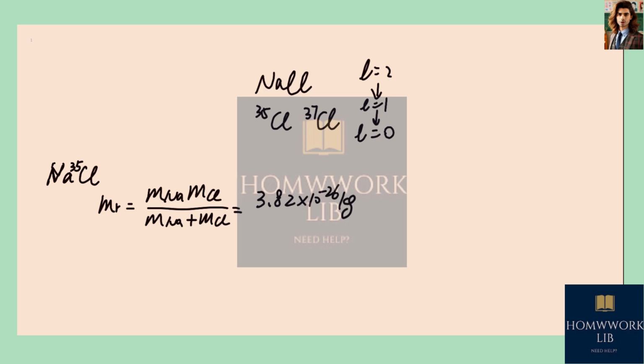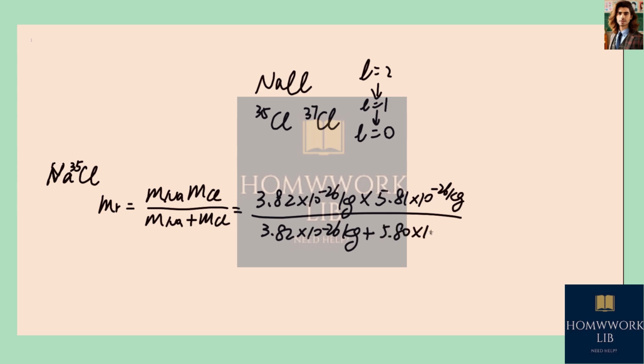You can use more significant digits if you like. I'm going to use 3. This is equal to 2.3 times 10 to the negative 26 kilograms. This is the reduced mass of this molecule.